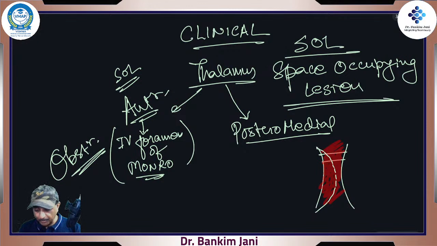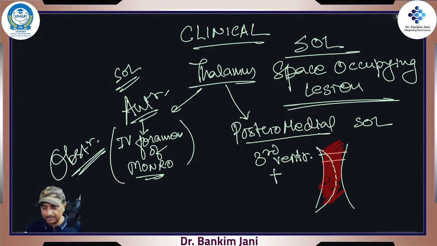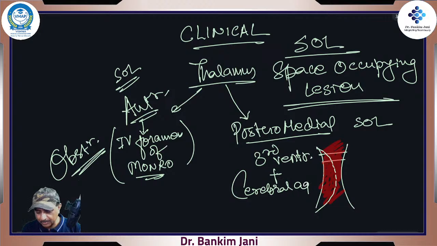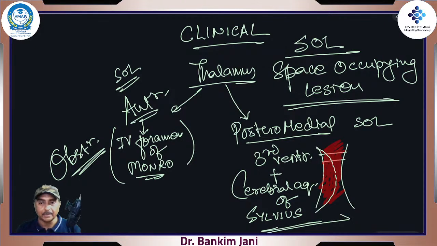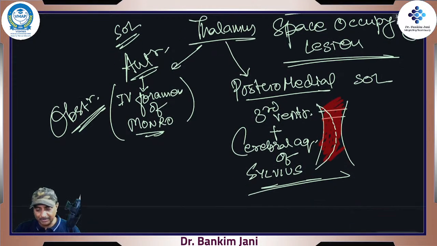And still more important, something so delicate, as it goes down from the third ventricle, is the cerebral aqueduct of Sylvius, which is so small. So when it is a posteromedial SOL, the third ventricle can be affected, plus the cerebral aqueduct of Sylvius can be affected. What will happen in such cases?